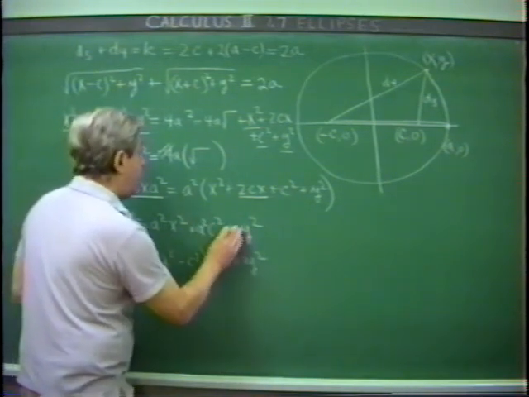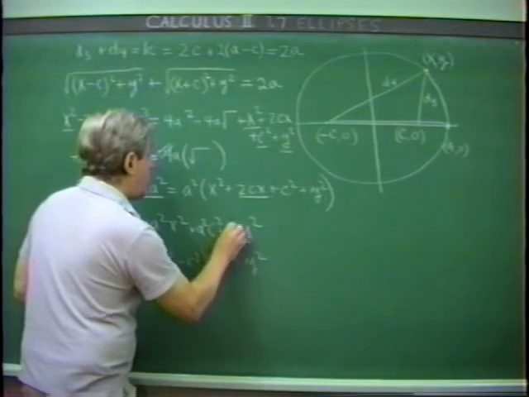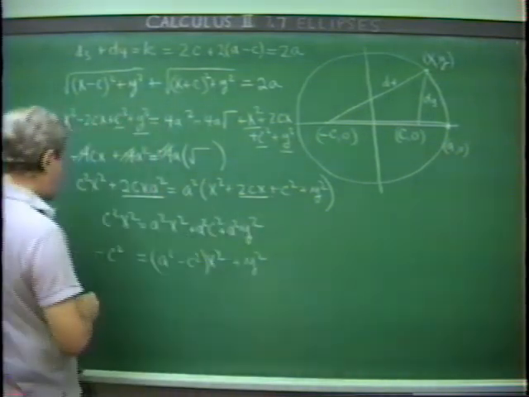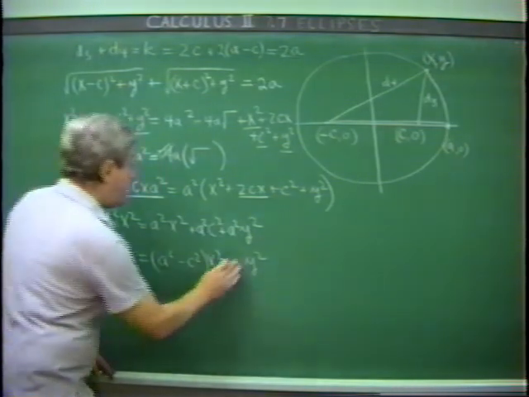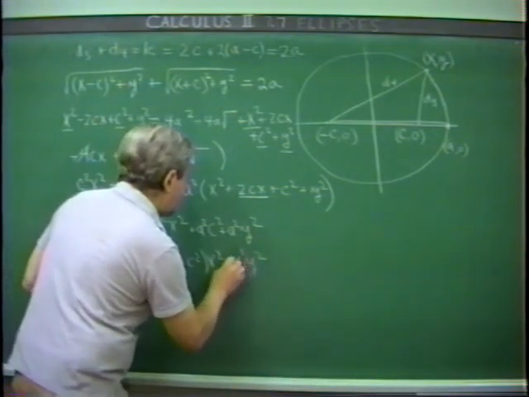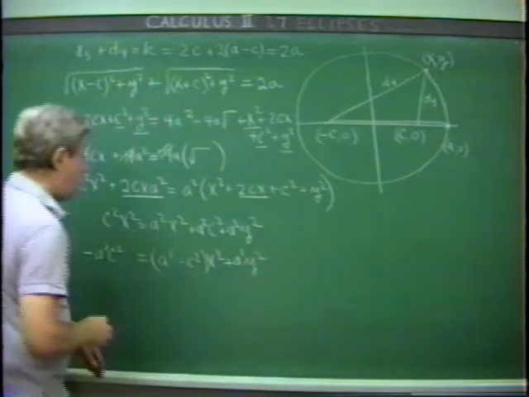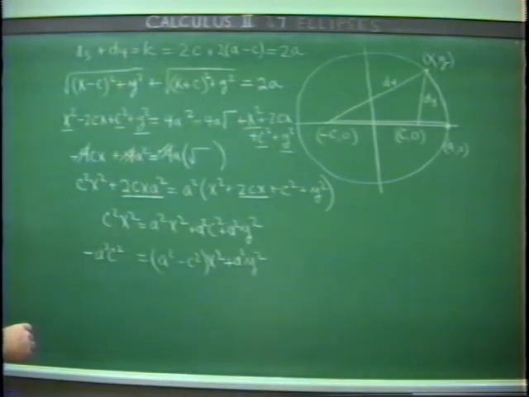Y squared, these terms here should have a squared multiplying them, that's what's missing. This should have plus a squared c squared plus a squared y squared. And multiply this through by a squared, so I should have a squared c squared here, and I should have plus a squared y squared.